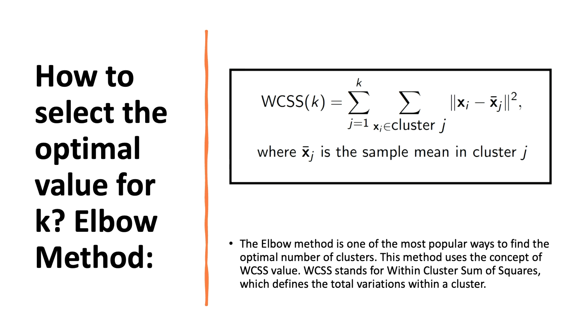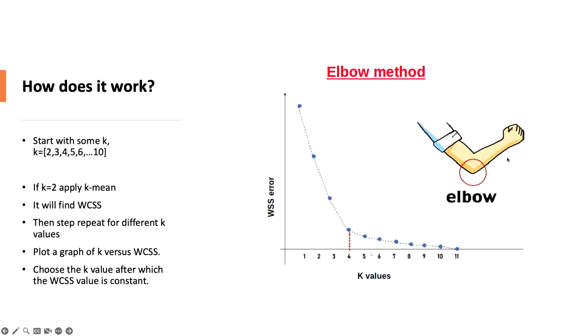As you can see, xj with a hat is the sample mean in cluster j. So here, we just calculate this error.